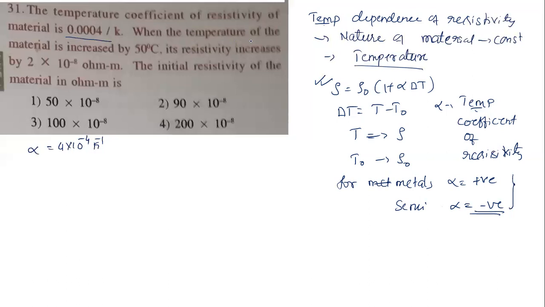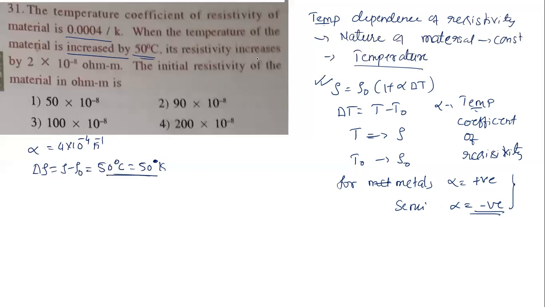When the temperature of the material is increased by 50, the change is 50 degrees Celsius, or we can take 50 Kelvin, because the change will remain the same either in Celsius or in Kelvin. That's the reason you need to remember this one thing.